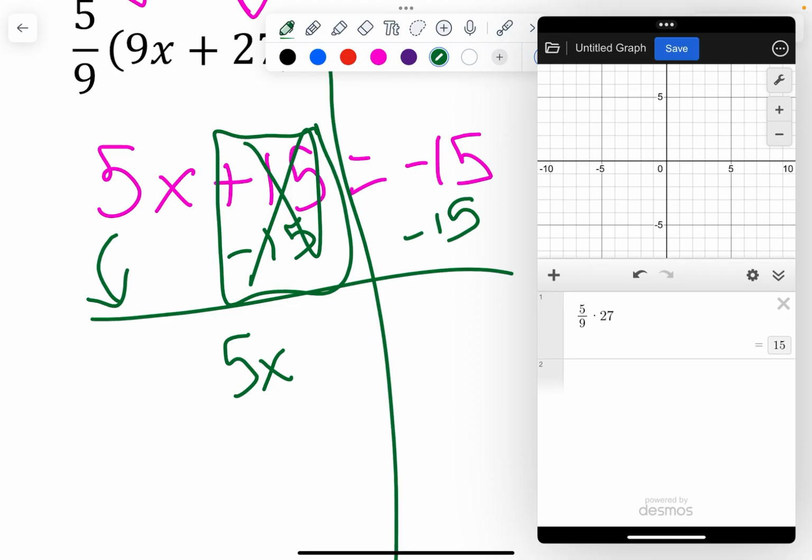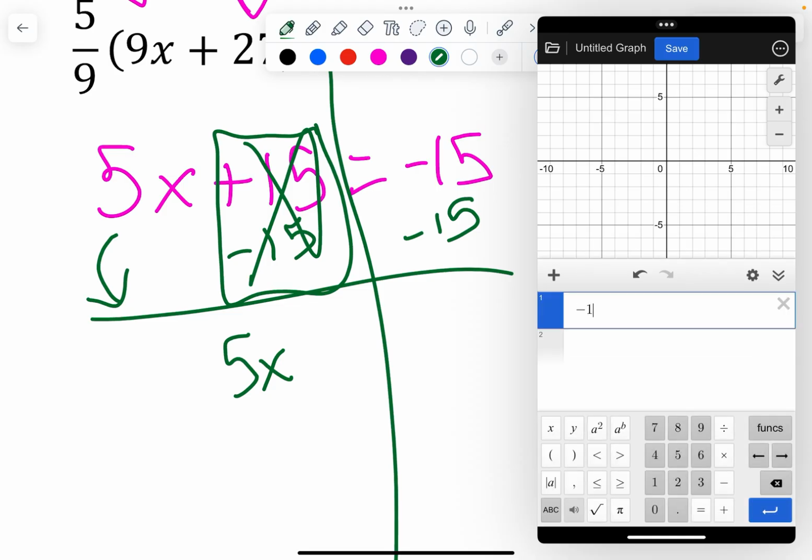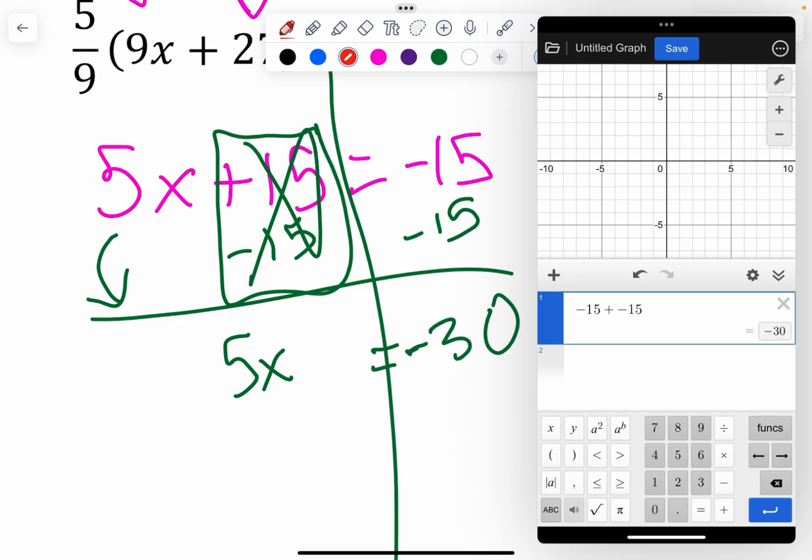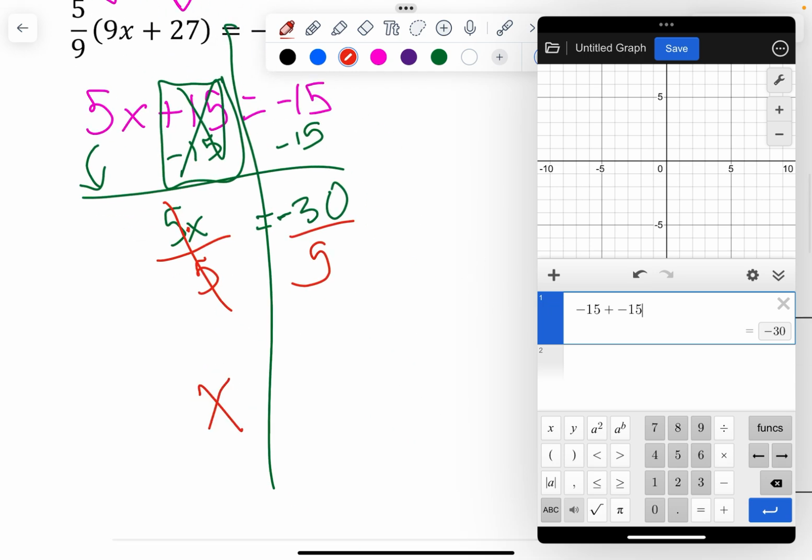So negative 15 plus negative 15 gives me negative 30. And then again, because I know this is multiplication, we divide. So x equals negative 30. Cool.